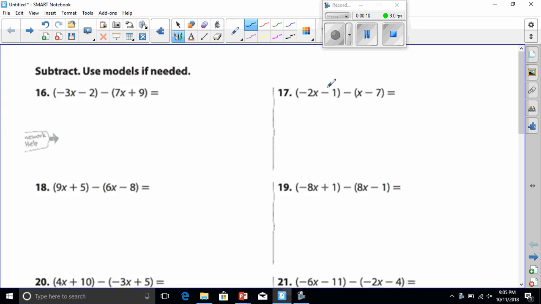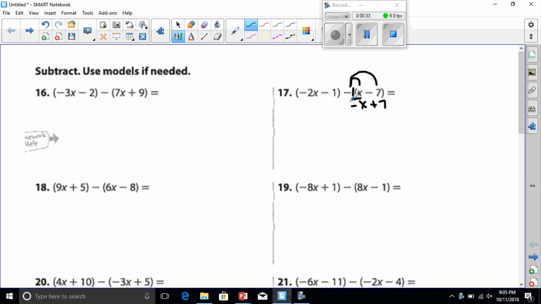Got negative 2x minus 1 minus x minus 7. Well, let's remember from the basics, this is really a 1 in front of this parentheses. So this is a negative 1. Negative 1 times x will be negative x. And negative 1 times negative 7 will be positive 7.